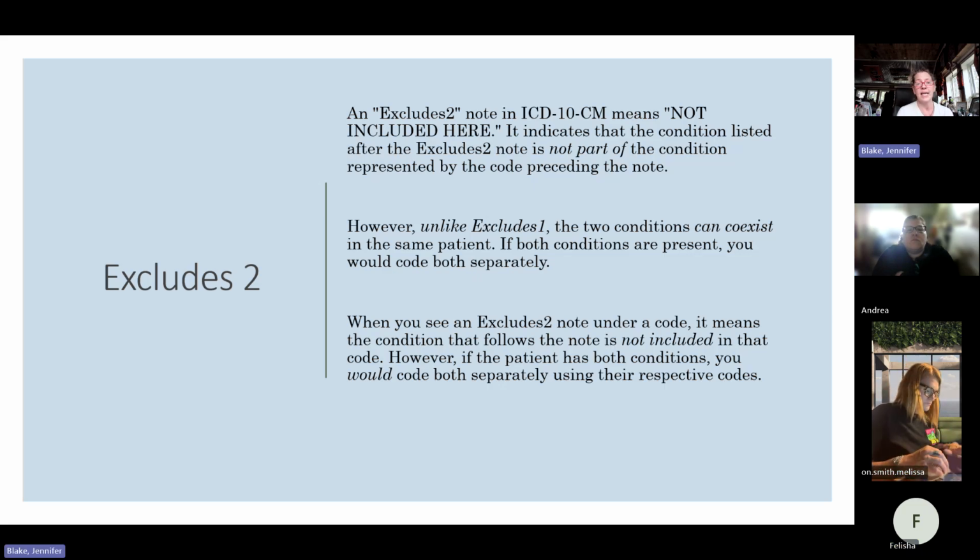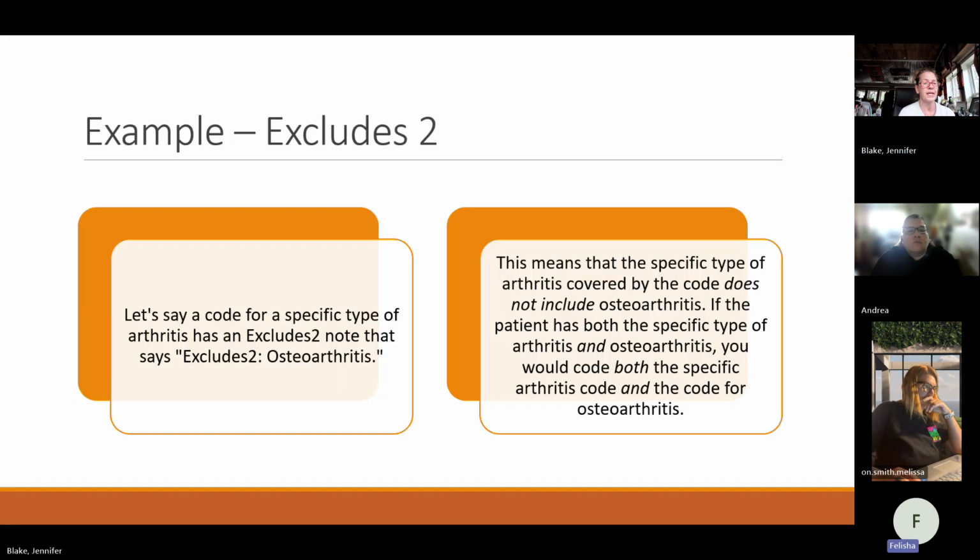Excludes 2 means, again, it's not included, but you can include it. So you just have to look and see that the 2 conditions can coexist, but you would have to code them both separately. Okay. An example would be osteoarthritis.